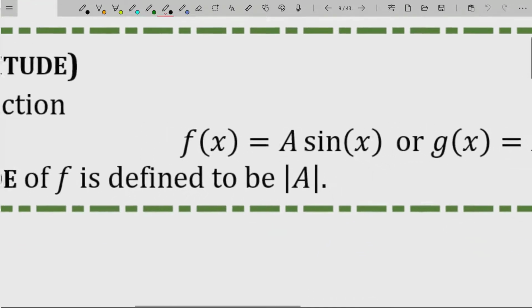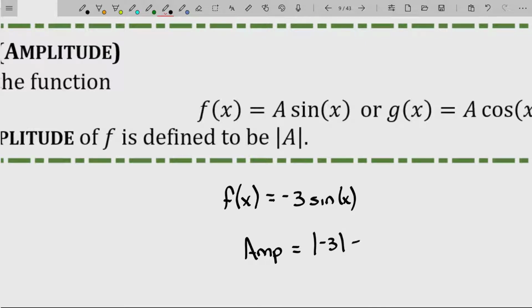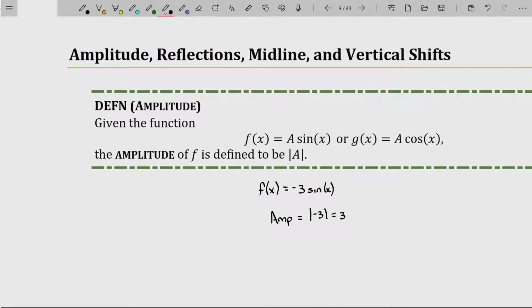So if, for example, f of x is equal to -3 sine of x, the amplitude, which I always just title amp, is the absolute value of that, which is 3. Okay, very fast, very easy.